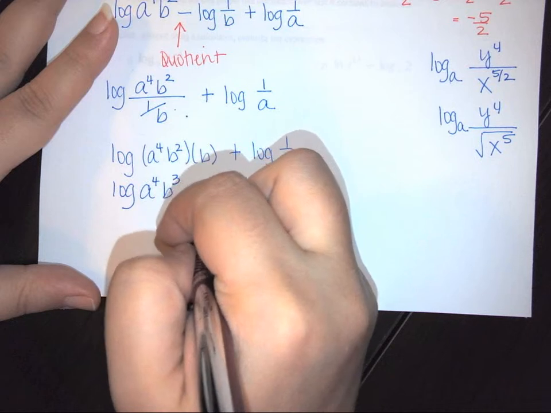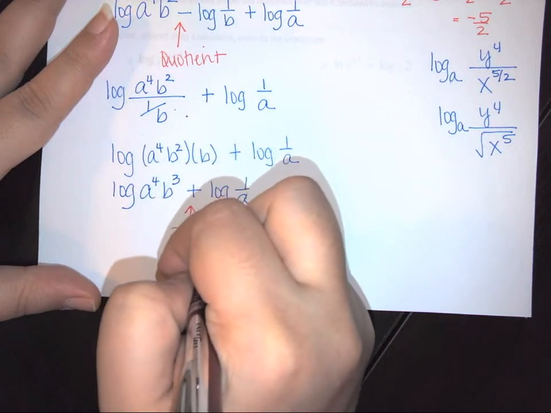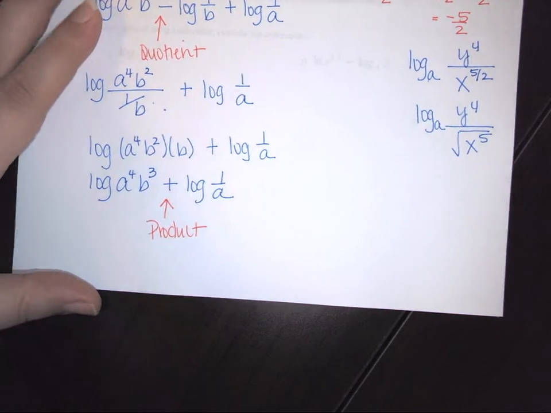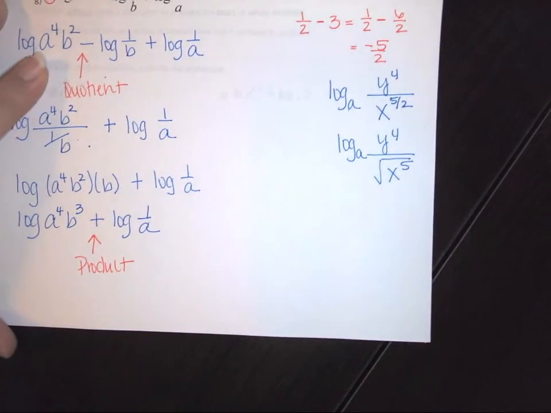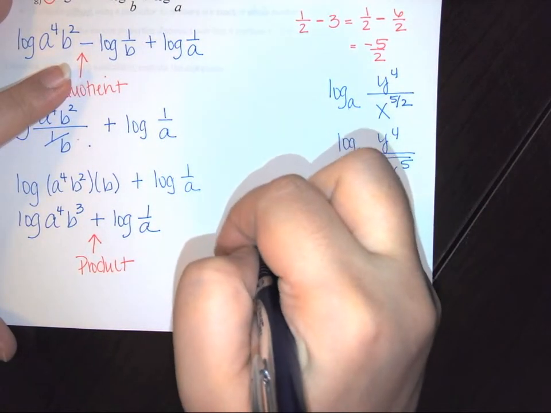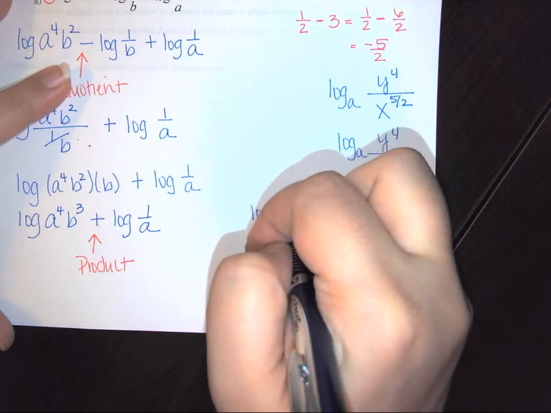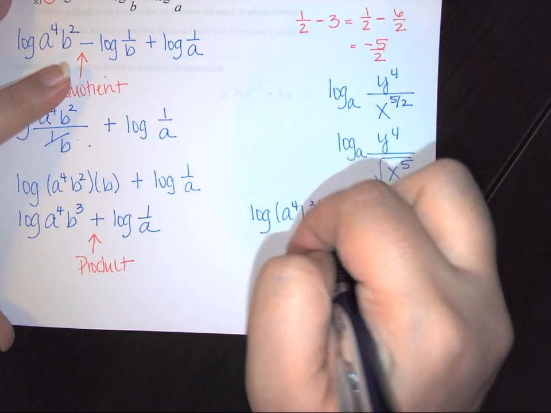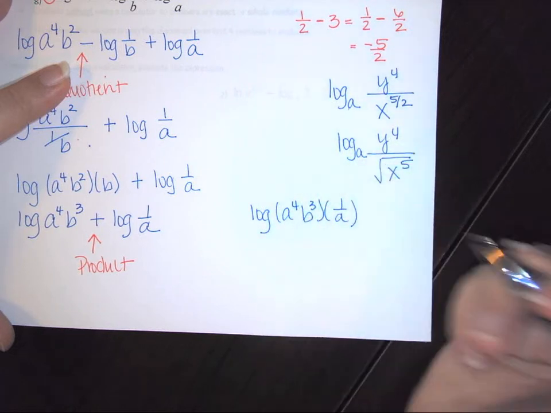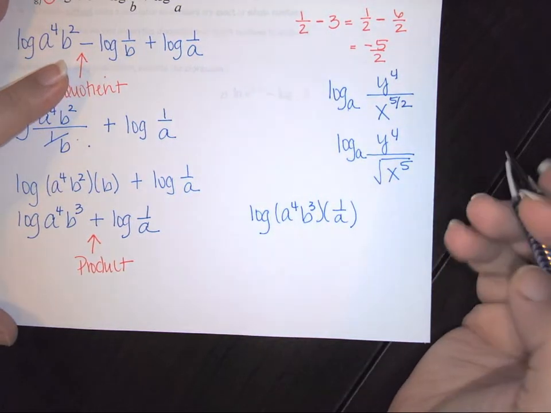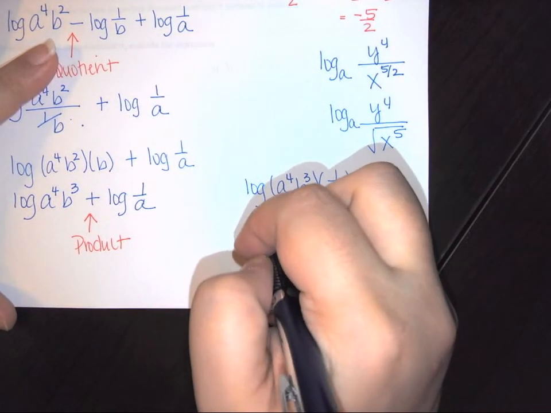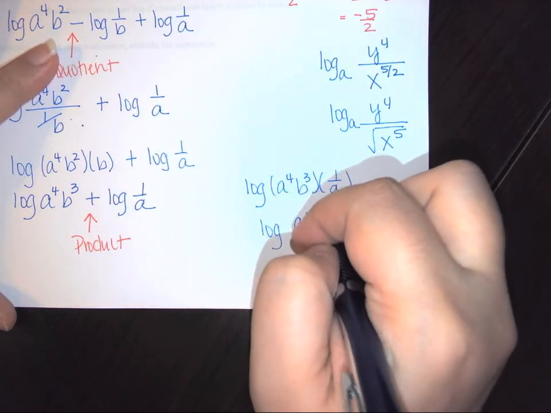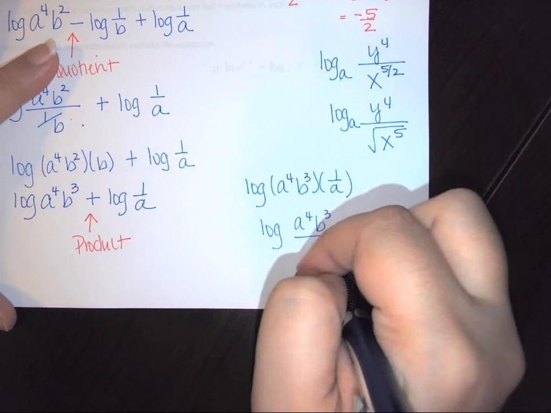Now at this point we can apply the product rule. And so the product rule says that I have to multiply. So this is going to be the log of a to the 4th b cubed times 1 over a. So I can rewrite this, which tells me that I have the log of a to the 4th b cubed over a.